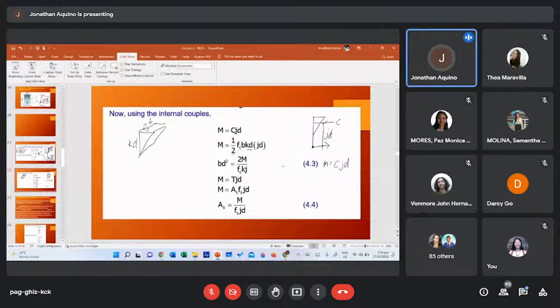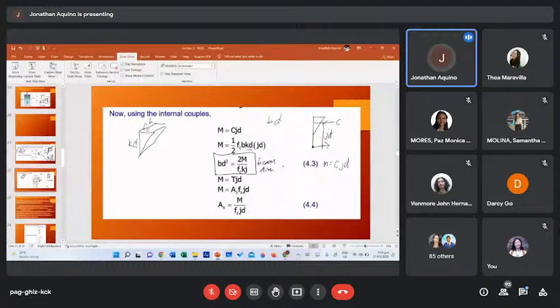Or just simply, since sa design, ang unknown natin is B and D, so factoring out B and D. So BD squared is just simply 2M divided by FC times KJ. Okay? So ito yung formula in determining for the dimension of your beam.